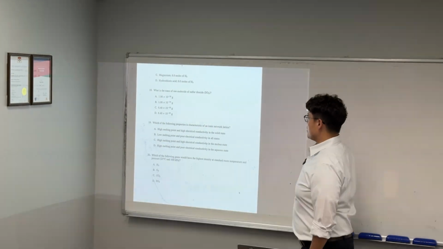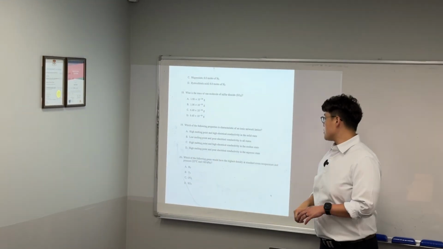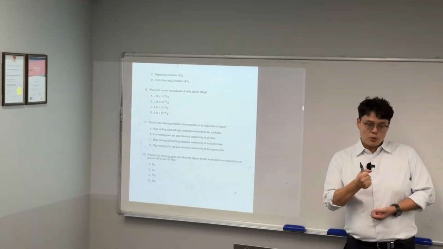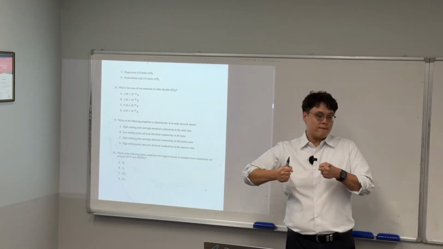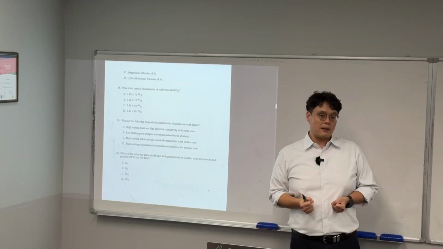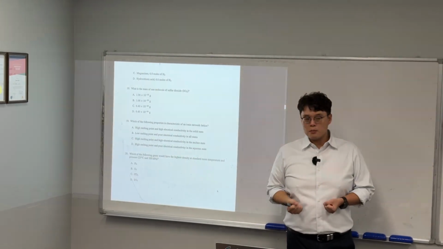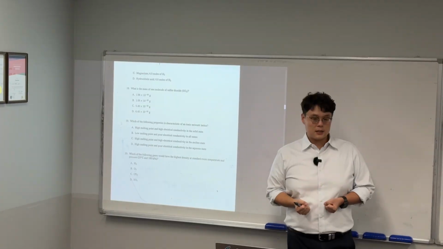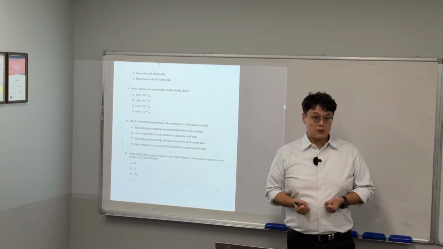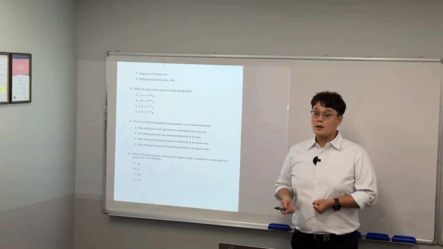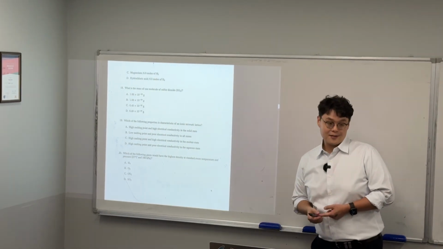Which of the following gases would have the highest density at room temperature and pressure, 25 degrees Celsius, 100 kilopascals? One thing you have to remember is that they all have the same volume. And that's the key question that Kirsty asked previously. Even though they have the same volumes, they all have a different mass. And the mass will be determined by the molar mass, basically.